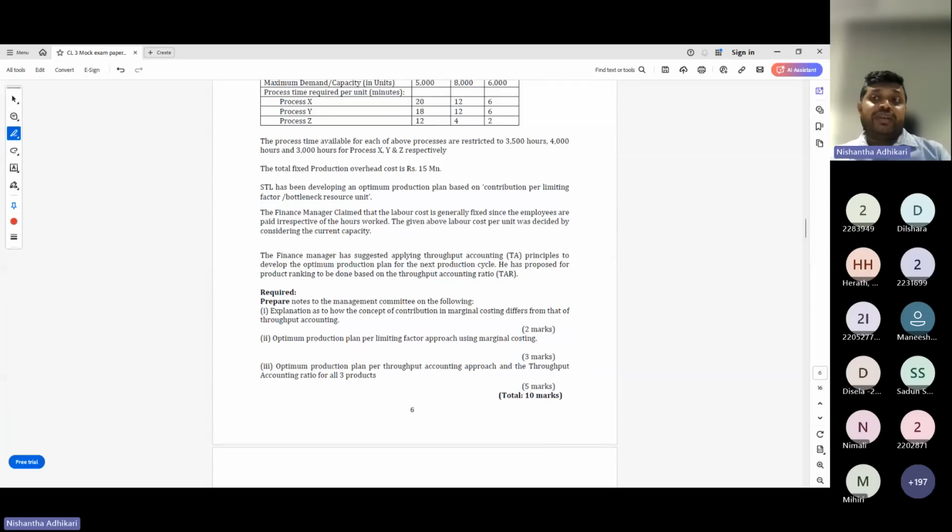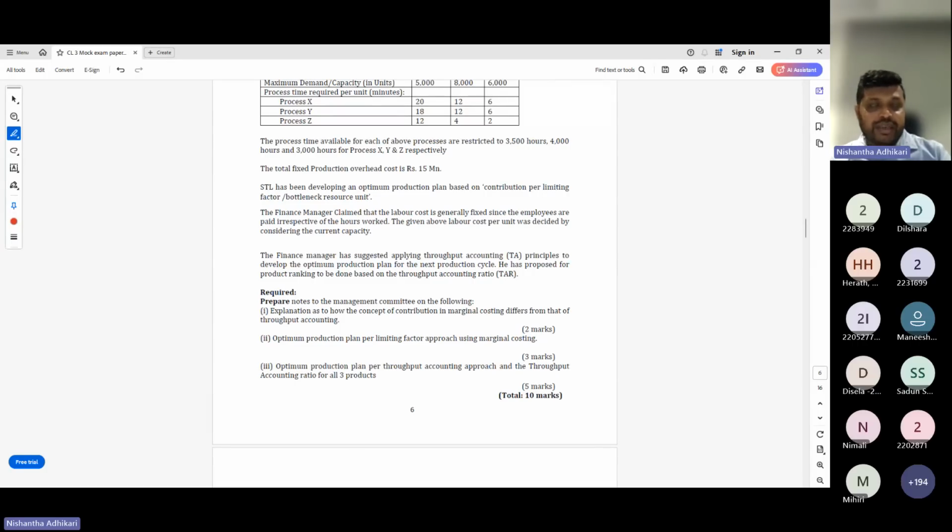It will differ like this. Now, in marginal costing, when we are going to calculate contribution, we will deduct all the variable cost from the selling price. Selling price minus variable cost. But in throughput accounting, it assumes the only variable cost is direct material. Therefore, in throughput accounting, it will determine contribution while deducting direct material from the selling price.